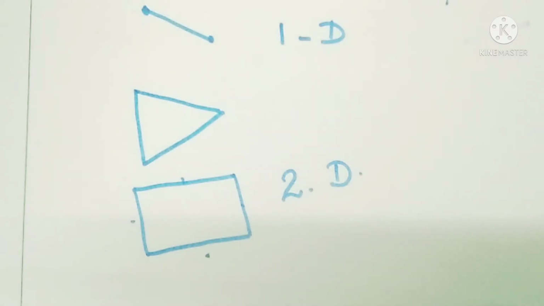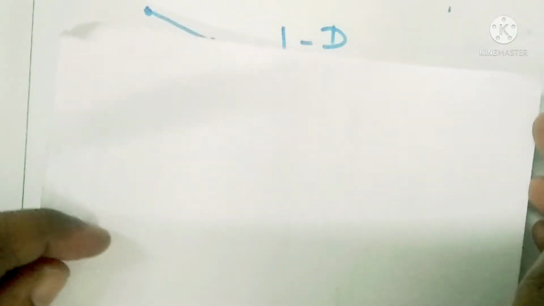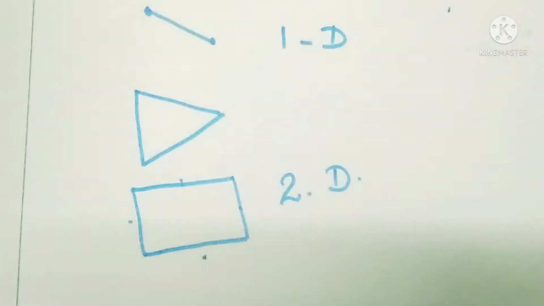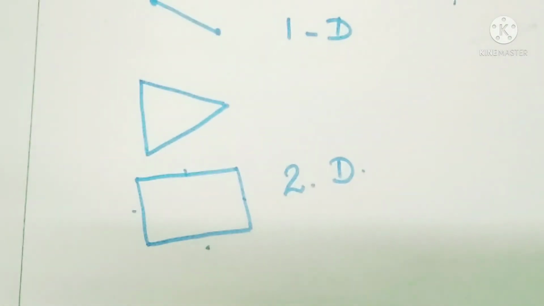Now, for example, I will show you some 2D figures. If I show you this paper, this is a rectangular piece of paper. Okay. So this sheet is completely on the flat surface. So it is called a 2D shape. But when I keep so many such papers one on the other, you see here I got a 3D shape.